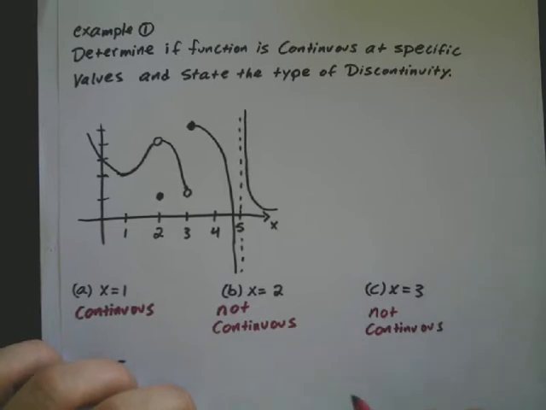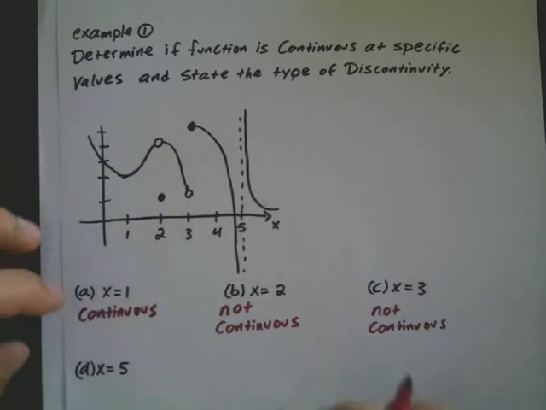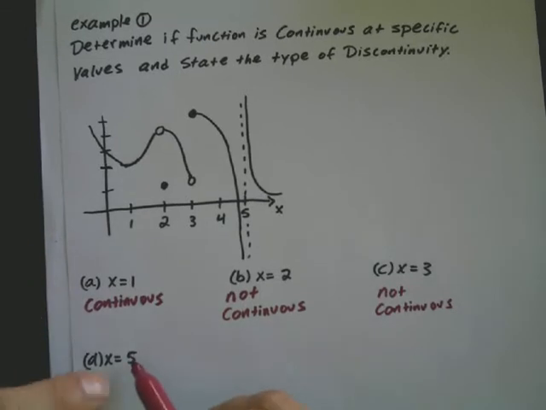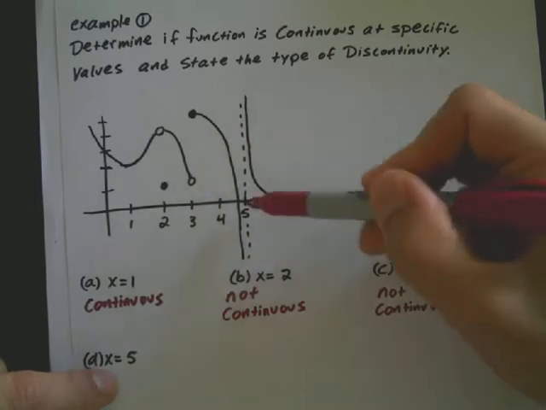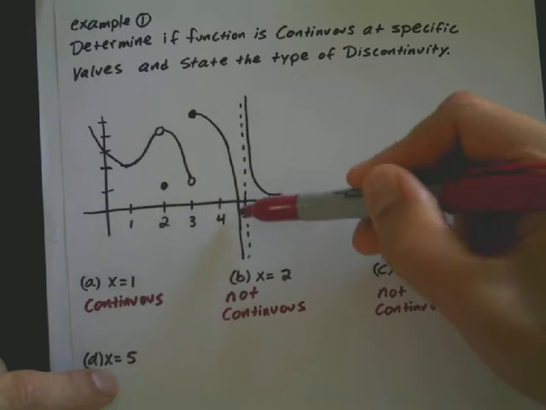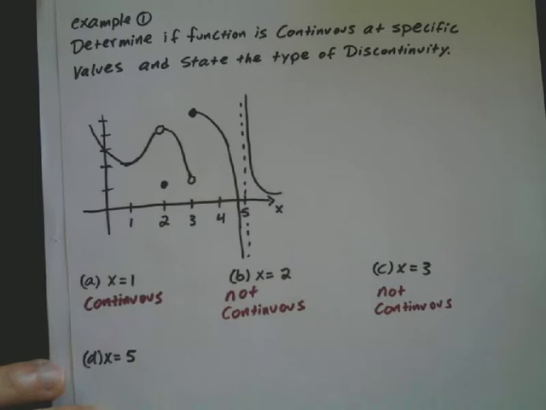Anytime you have a jump, it's automatically not continuous. For D, x equal to 5, I can see there's a vertical asymptote coming in from the left, taking me to negative infinity, and coming in from the right, going towards positive infinity. So this is not continuous.